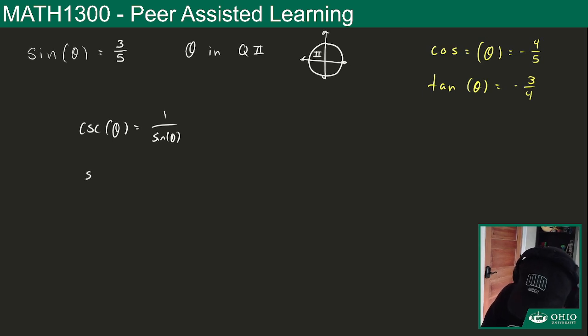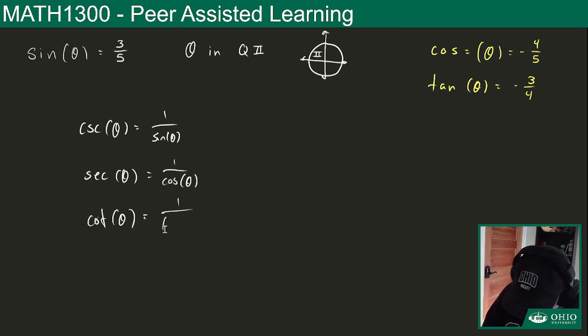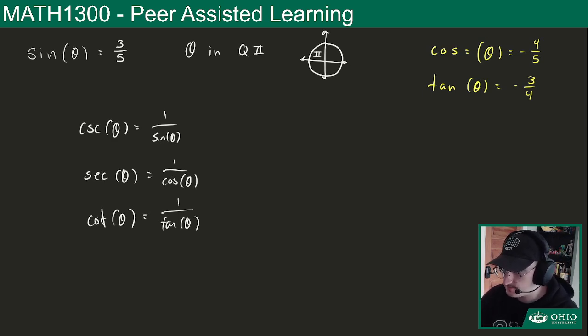We know that secant is 1 over cosine. We know that cotangent is 1 over tangent. So if I want to find these other values, I can essentially just flip the fraction over on top of itself.